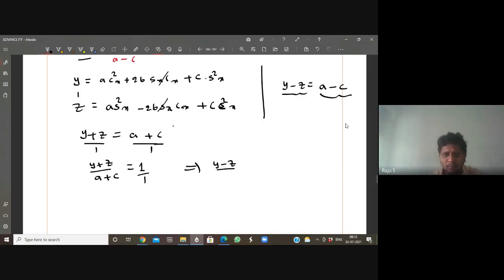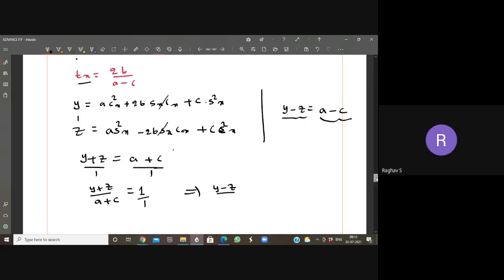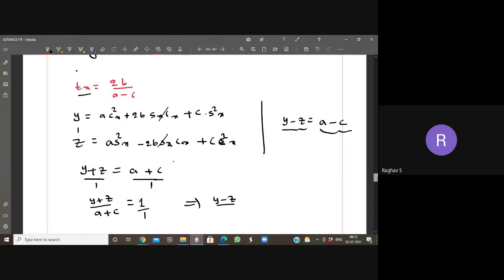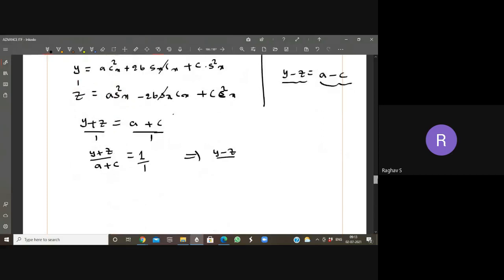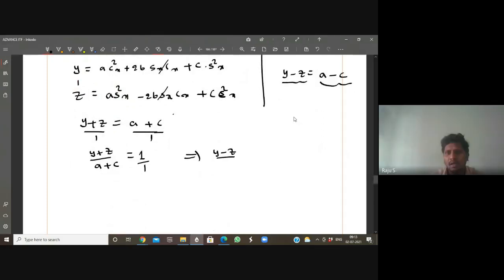As he said, the componendo and dividendo. He did it with the help of componendo and dividendo. I said some method, like taking values. Somehow he said, sir, y plus z by y minus z equals a plus c by a minus c. How is that possible, sir? When it becomes y by z is equal to a by c, at that time it is possible.